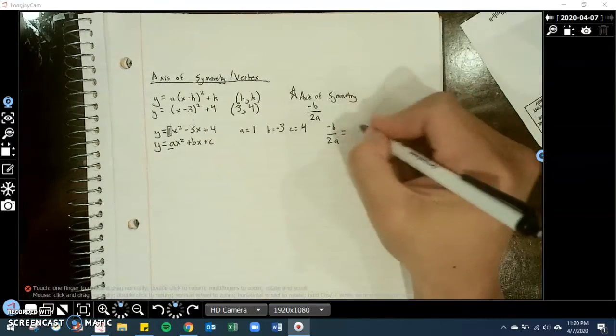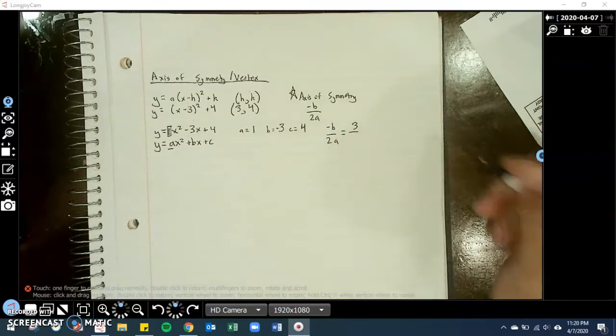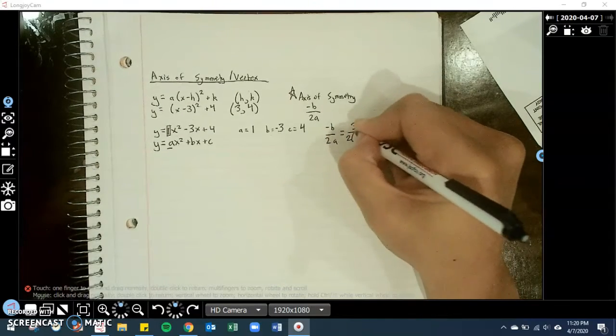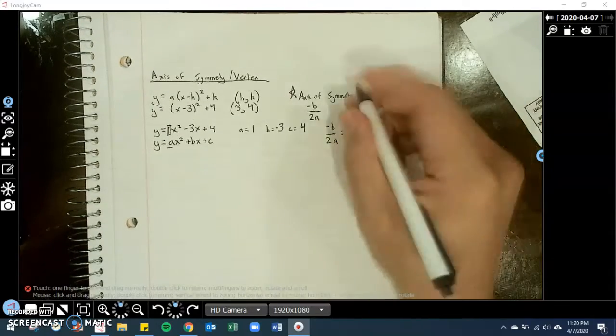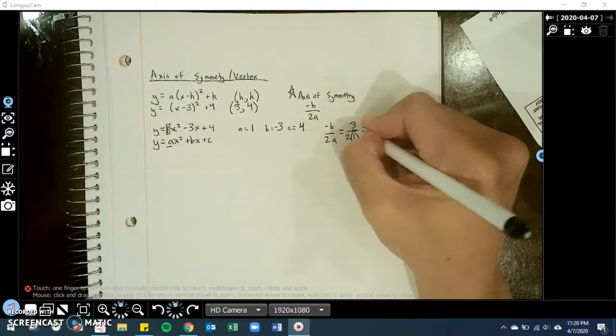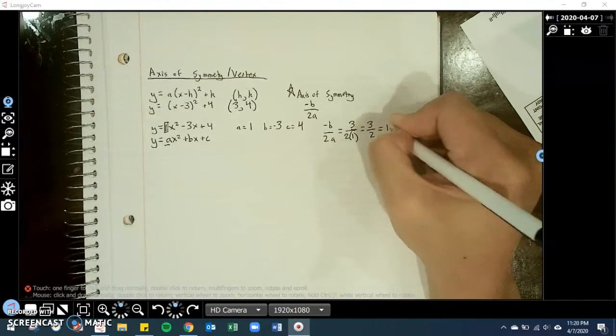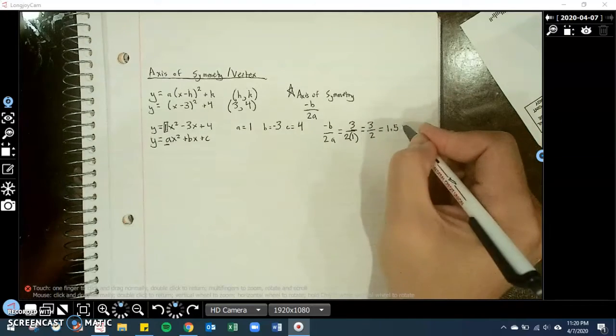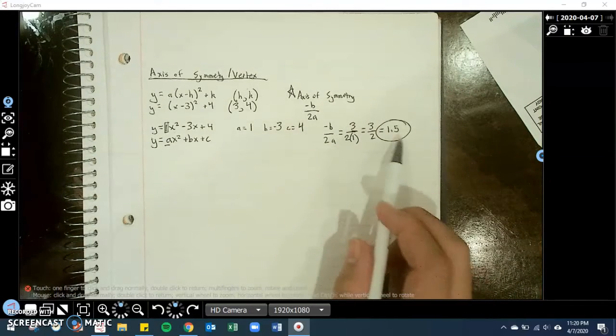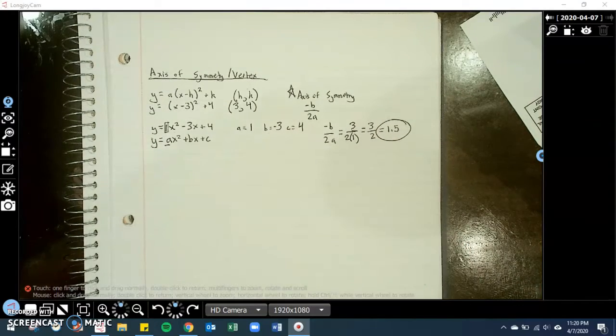So negative 3 is going to be changed to positive 3. We have 2 times a, which is 1. This is going to give us 3 divided by 2, which is equal to 1.5. So I know that the axis of symmetry for our parabola is at 1.5.